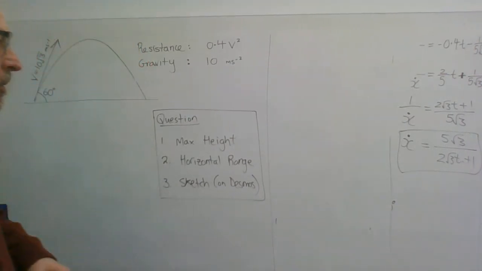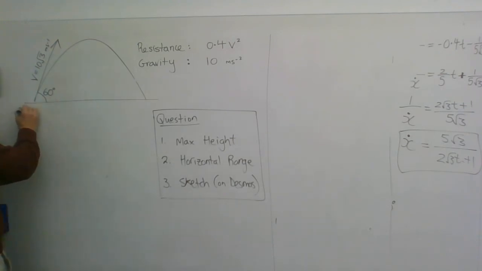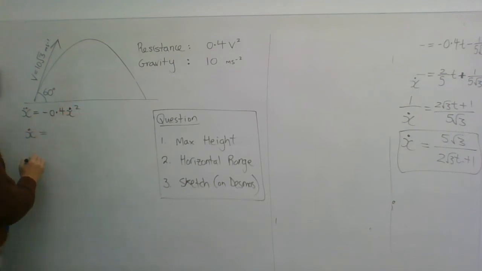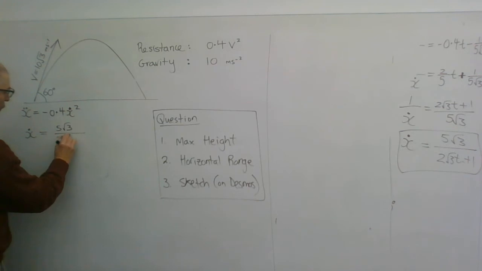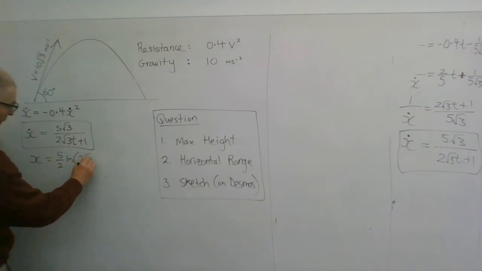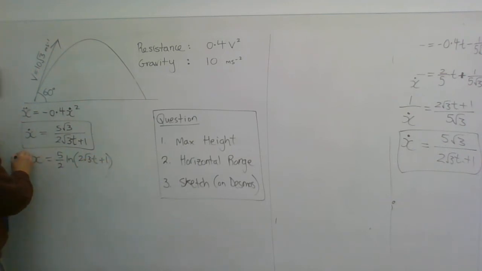So the first one we found was that x double dot is equal to minus 0.4 x dot squared, and x dot was equal to 5 root 3 on (2 root 3 t plus 1), and x was equal to 5 on 2 natural log of (2 root 3 t plus 1). So that was those ones.